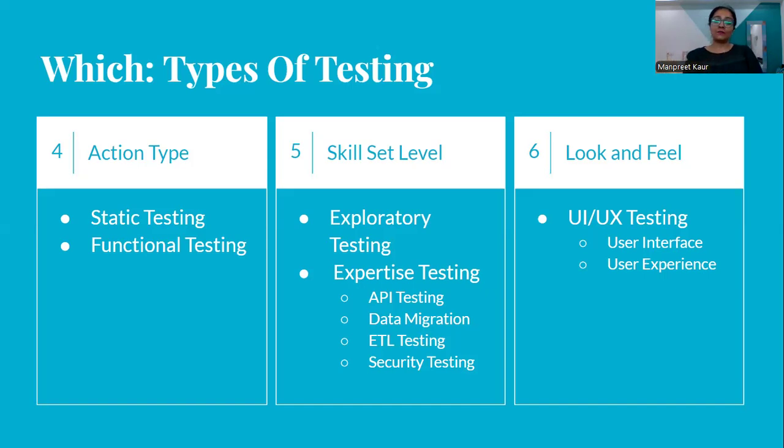So according to requirement, we all do all these types of testing according to our expertise level, right? ETL testing is also one of them. That is one part of data migration only. And some more accessibility things are there in ETL testing. If we want to learn in advance, I can take those sessions as well.